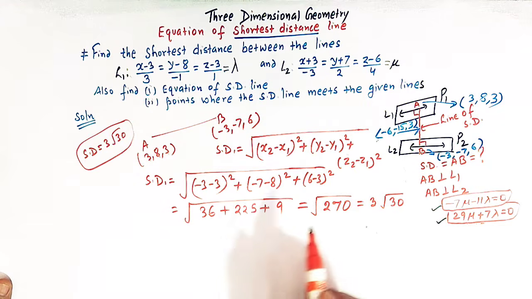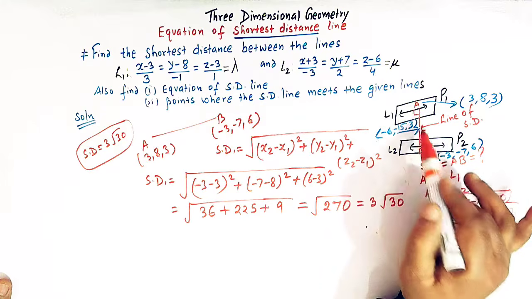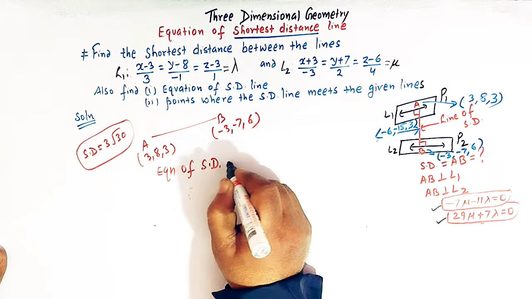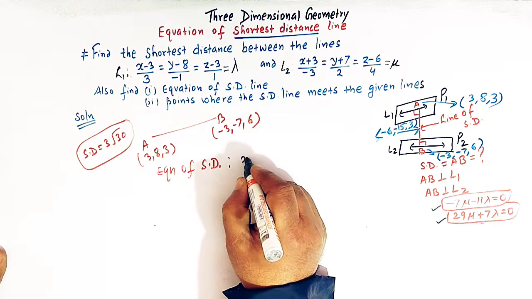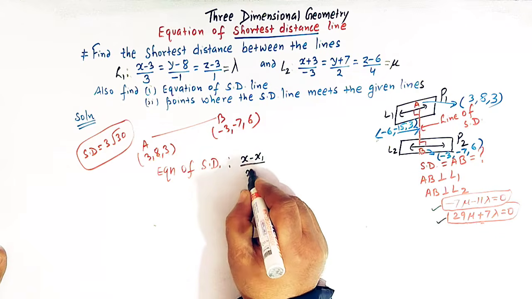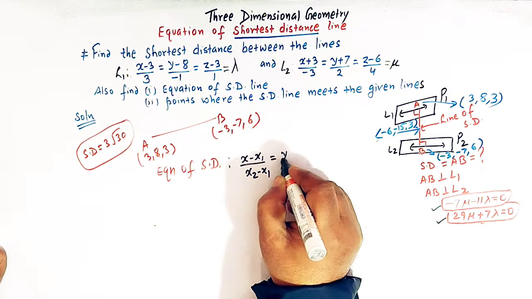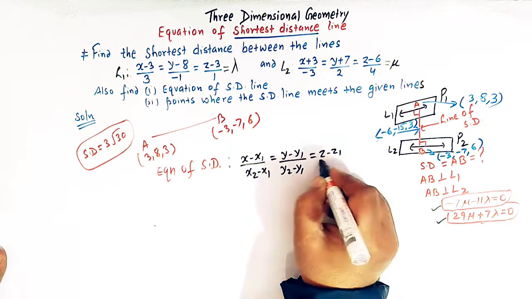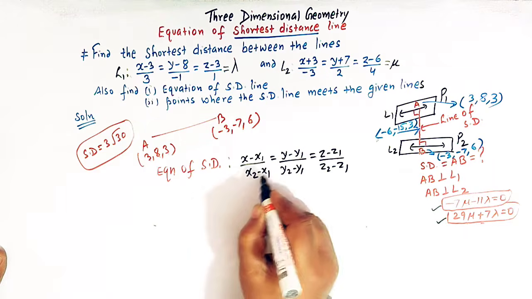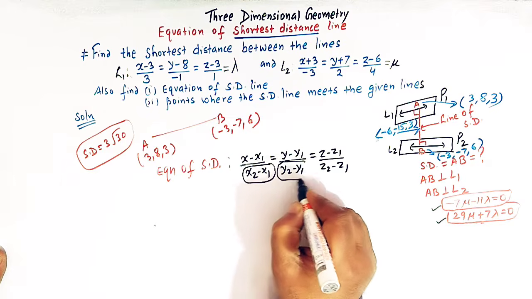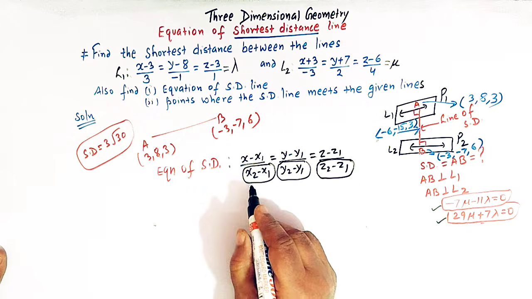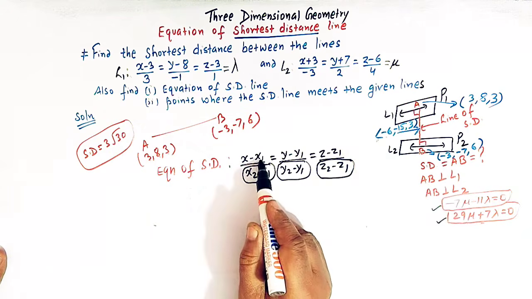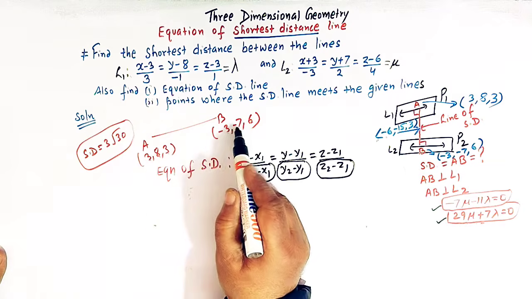So now let us find out the equation of the line of shortest distance. The equation of shortest distance is given by the standard form, that is x minus x1 over x2 minus x1, y minus y1 over y2 minus y1, z minus z1 over z2 minus z1, right? So x2 minus x1, y2 minus y1, and z2 minus z1 are the direction ratios of this line of shortest distance. So we can take x1 y1 z1, x2 y2 z2.